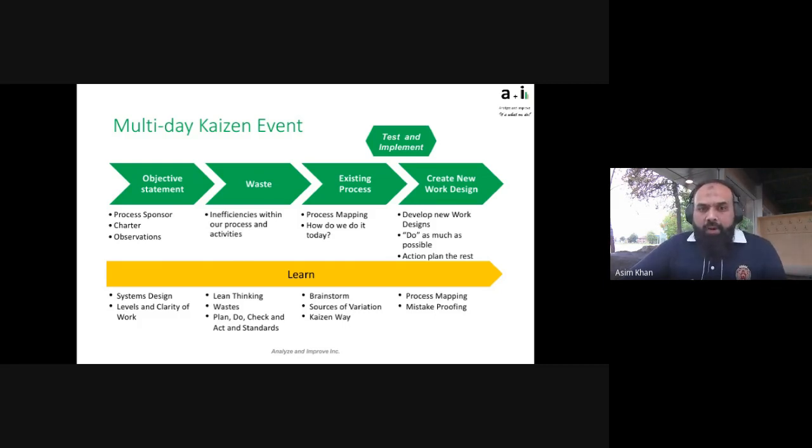In parallel, if you see the yellow arrow at the bottom, there is some education that is delivered throughout the event to the team, especially if the team does not know some of the skills or some of the approach or methodology of what Kaizen is or Lean is or whatever tool you may end up using. So there are some examples of the tools there, like identification of waste, plan-check-act I talked about, standards.